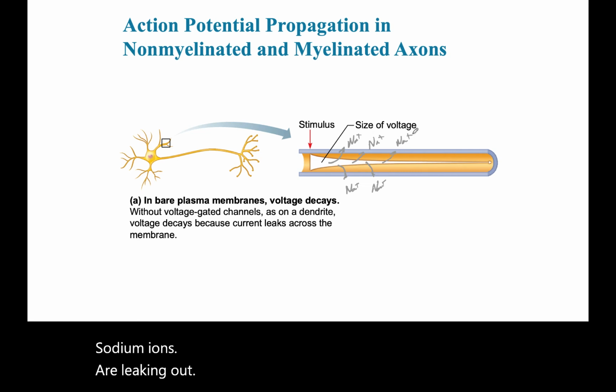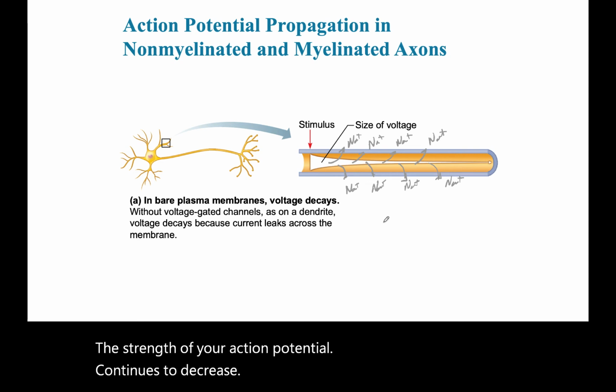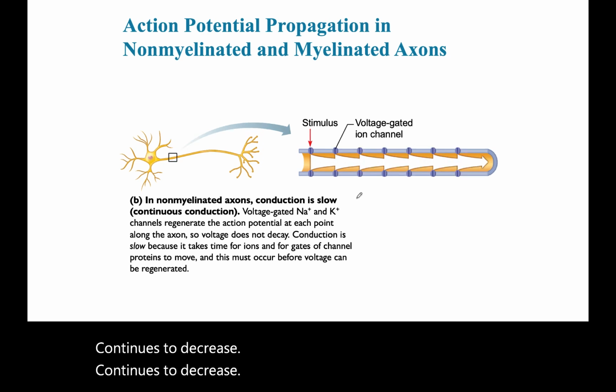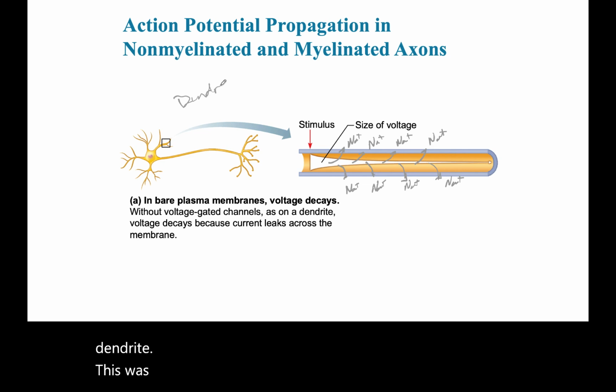And as you lose sodium ions traveling down the dendrite, the strength of your action potential continues to decrease. And in a non-myelinated axon, previous slide, this was a dendrite. So you can check that out right there.